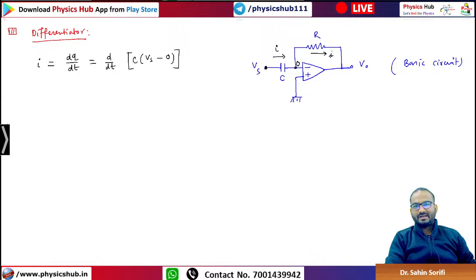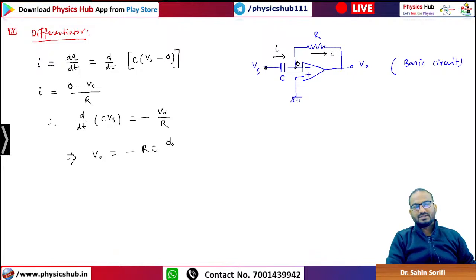And again here I is equal to 0 minus V0 by R. Since both currents are the same, C d/dt of Vs is equal to minus V naught by R, and that makes V naught equal to minus RC, which is a constant, times dVs by dt. As you can see, you get the differentiator formula.